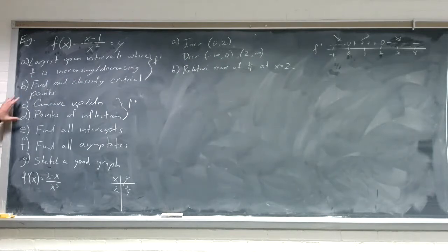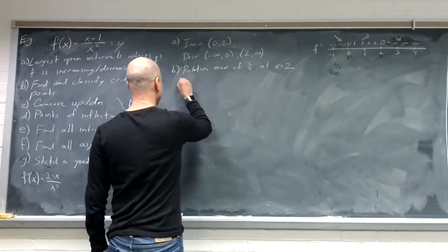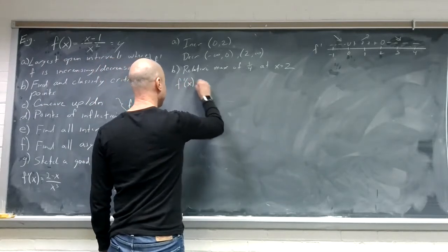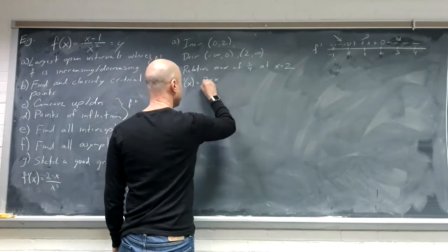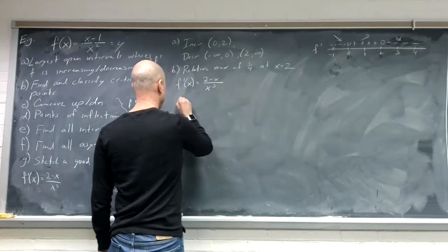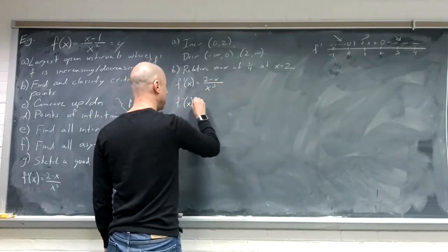Let's go ahead and do C and D, which we know involve the second derivative. I'm going to recopy the first derivative over here. So f prime of x is equal to 2 minus x over x cubed. So f double prime of x, we will need the quotient rule again.